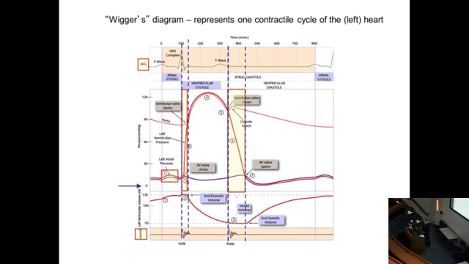When you hear dub, S2, that correlates very nicely with just about the point in the Wigger's diagram where the aortic valve closes. And so you hear dub and you know your semilunar valves are closing. The same things are going on on the right simultaneously. So lub would be the mitral and the tricuspid, and dub would be your aortic and your pulmonary.